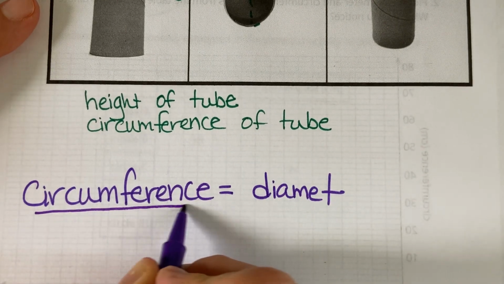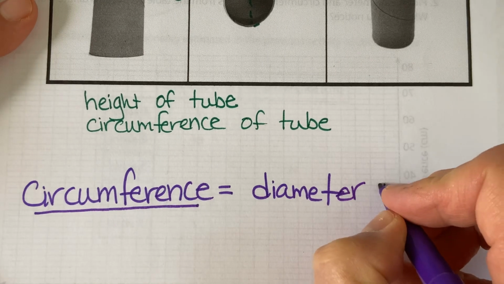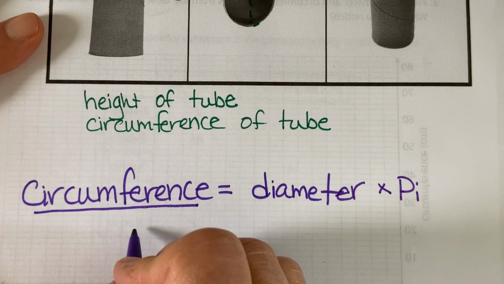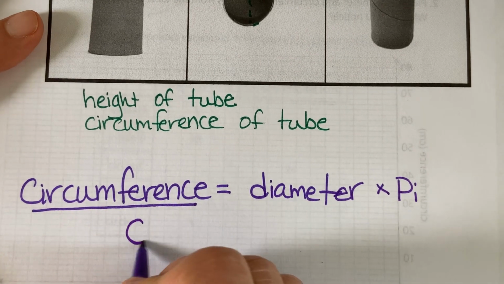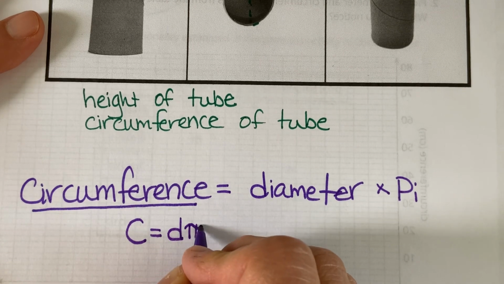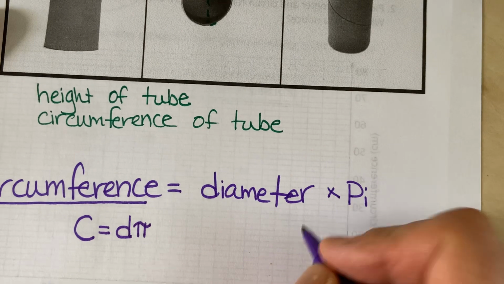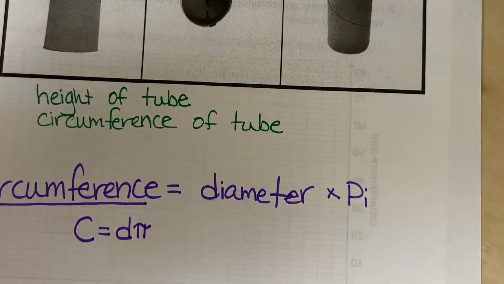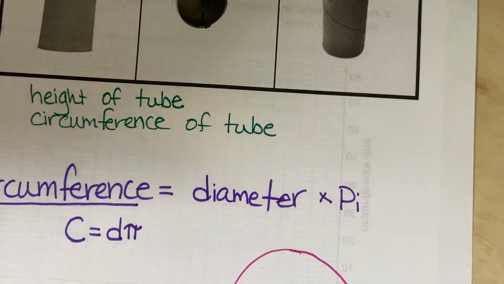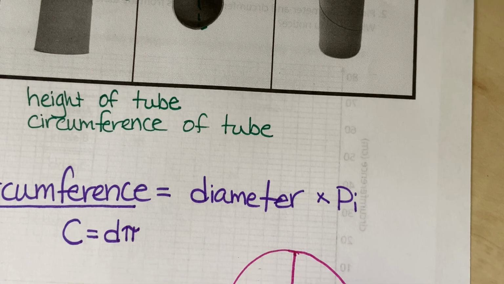Circumference is going to be your diameter, as you guys started writing it, times pi. So putting it letter-wise, it's C equals diameter times pi. There is another way to write that, because if you think about a circle, here's my diameter.